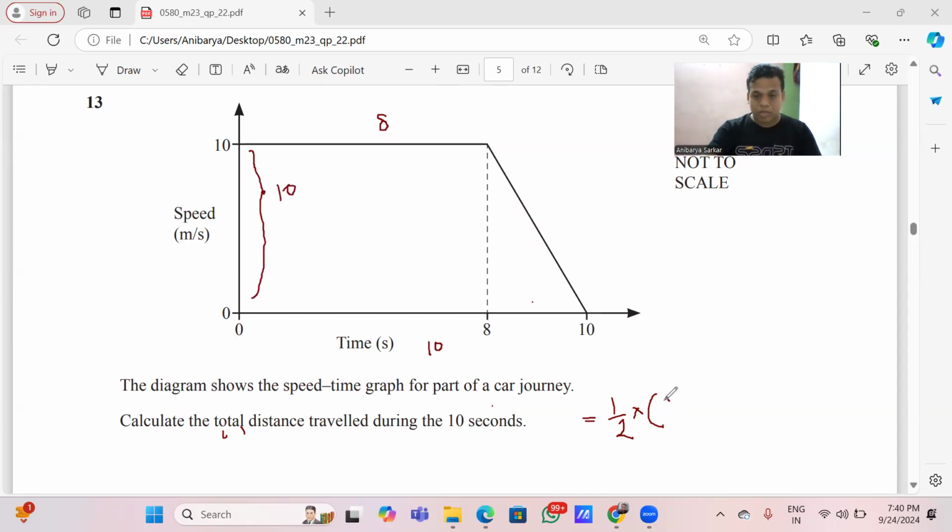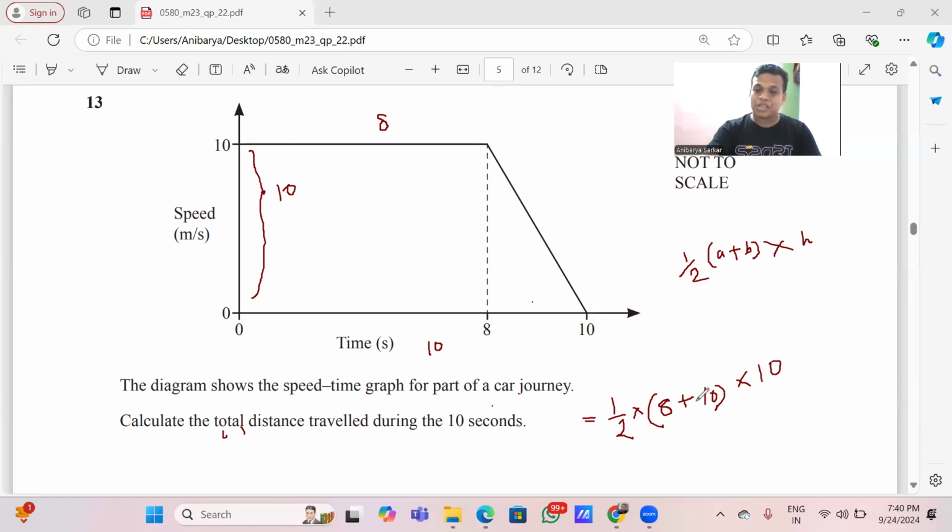So half into a plus b, that is 8 plus 10. I write down the formula of the area of the trapezium: half into a plus b into h. Here h means 10.